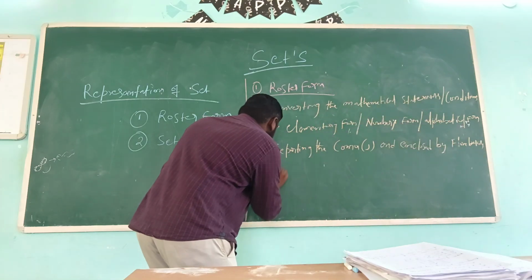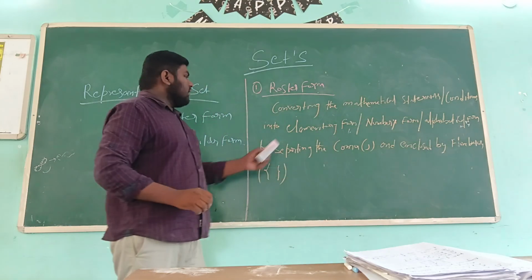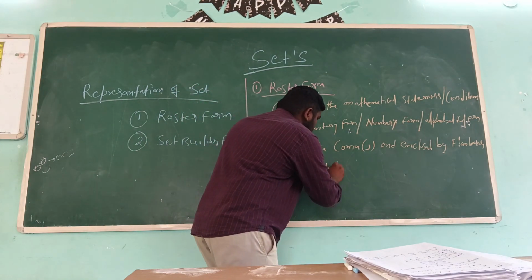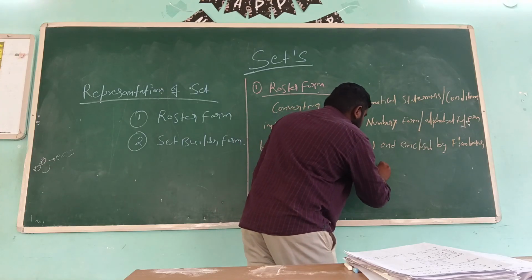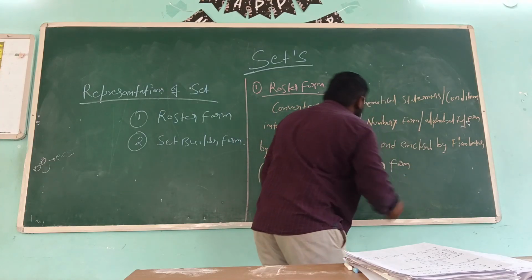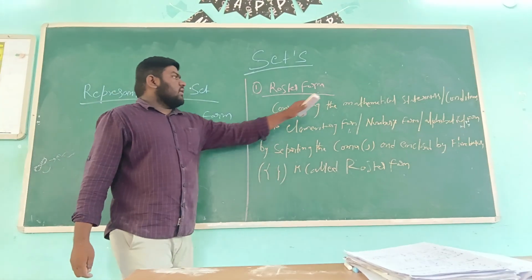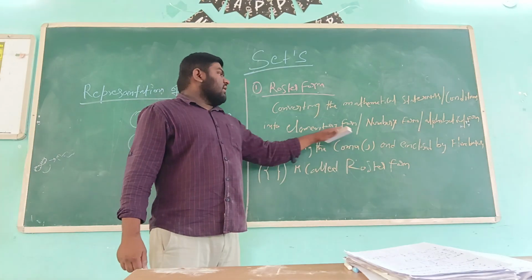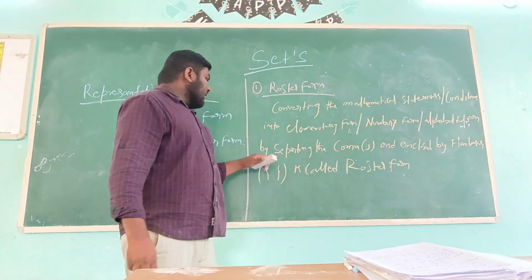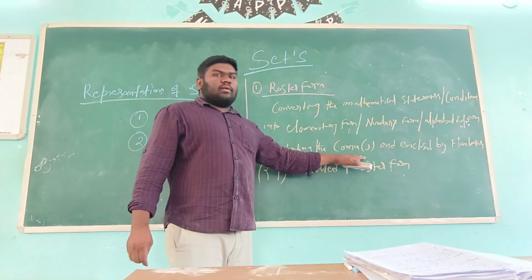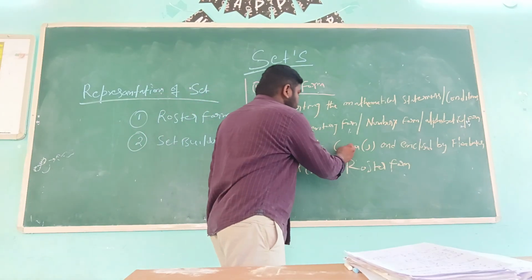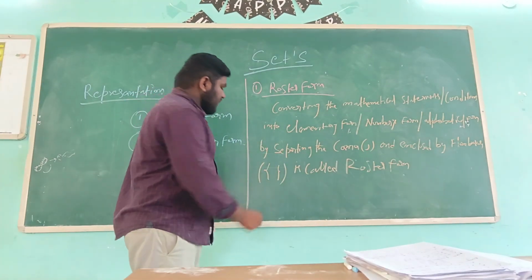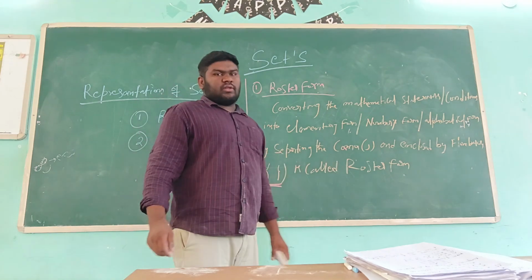Understood? This is called the roster form: converting the mathematical statements or conditions into the elementary form or numbers form or alphabetical form by separating with commas and enclosing in flower brackets, like this type of brackets.